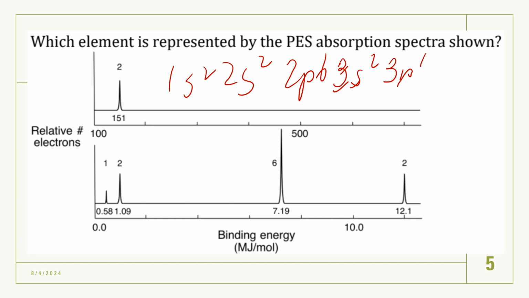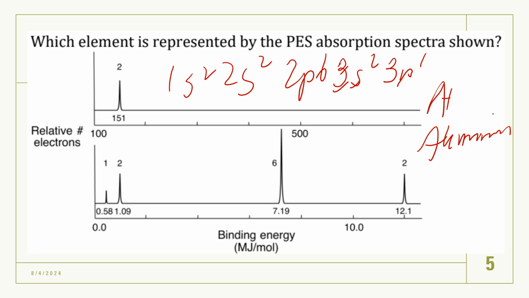So 1s2, 2s2, 2p6, 3s2, 3p1 is going to be what, based on our periodic table, knowing how to read these? This one is going to be aluminum. That's probably not how I spell it, but it's close enough.